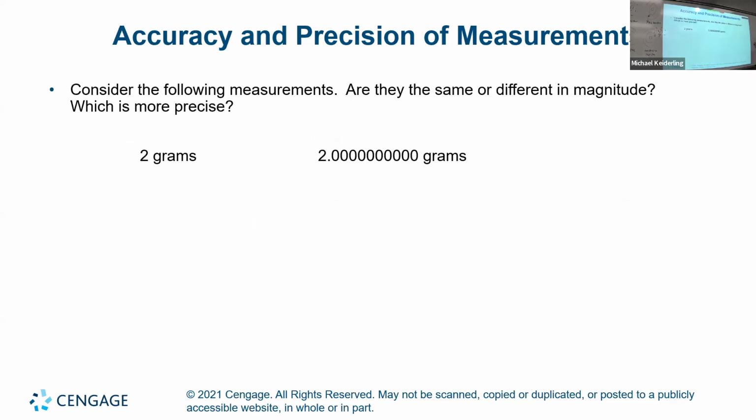Now we can talk about precision. These are two measurements that have the same magnitude. They're both 2 grams. But we know that this is 2 grams to much more precision. That's why there's all these extra zeros here.